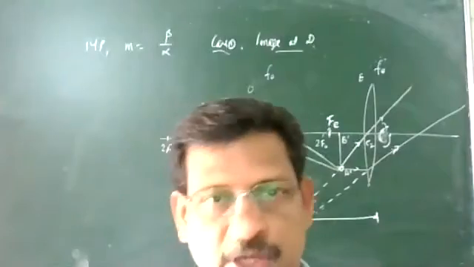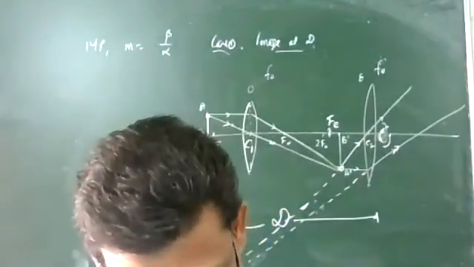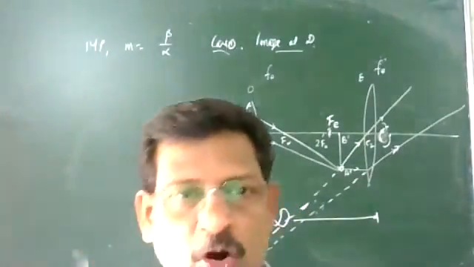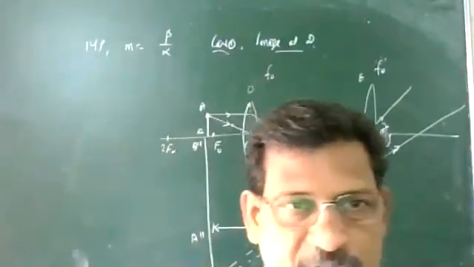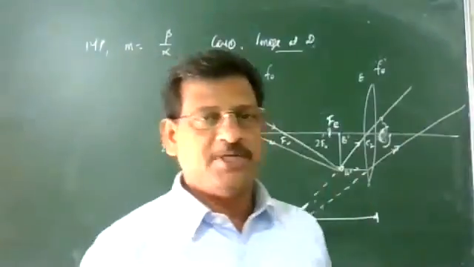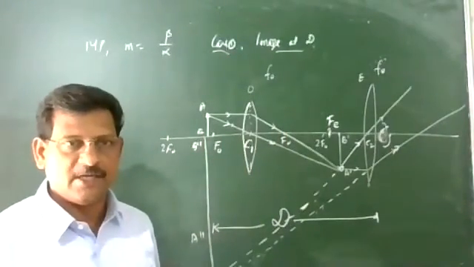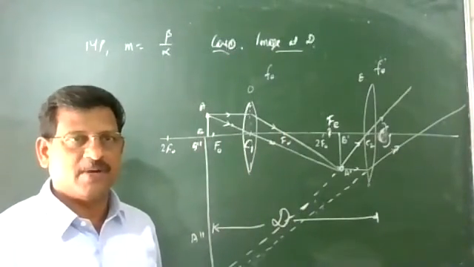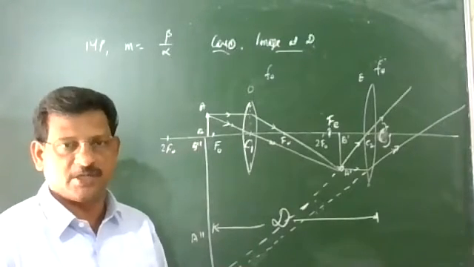Okay. So here is beta by alpha. The image is already at the least distance of distinct vision. And the object has to be also at the same least distance of distinct vision, then only you can see the object. Now the object is not at the least distance of distinct vision, only the image is there. So it is the ratio of the angle subtended by the image to the angle subtended by the object when both are at the least distance of distinct vision.